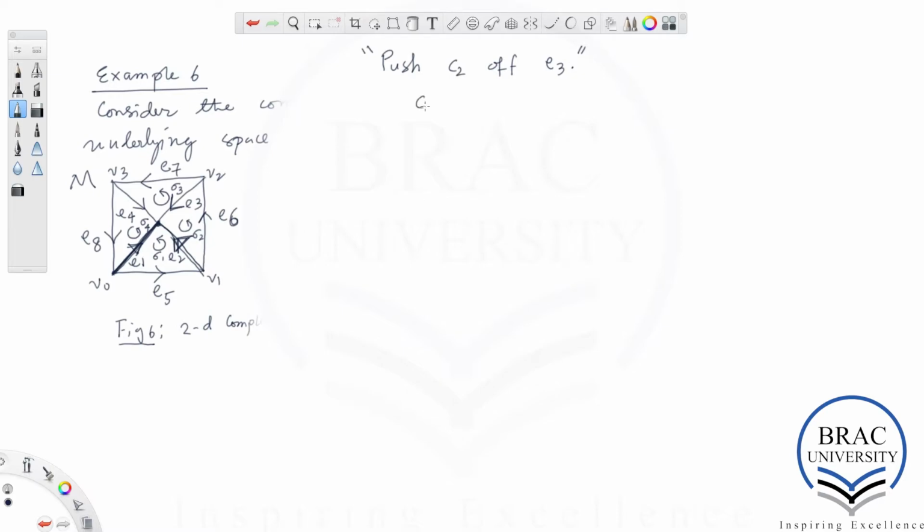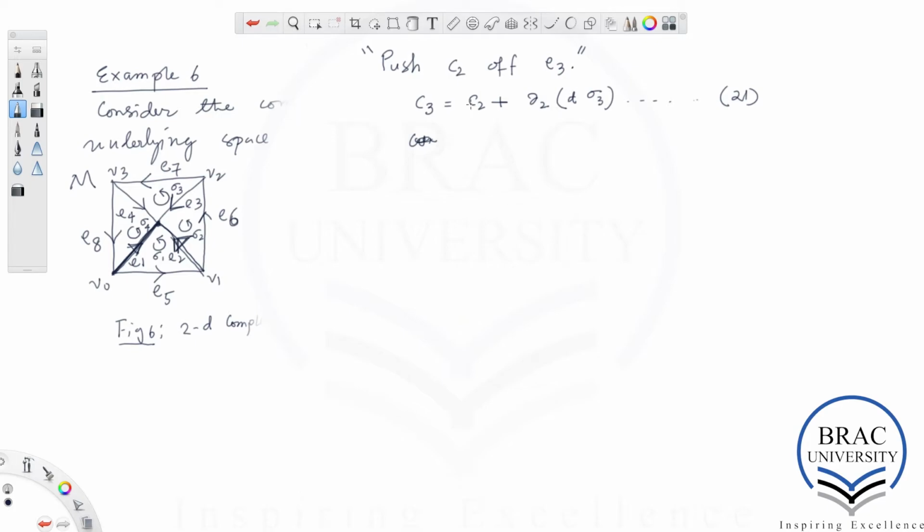Okay, so for that we modify C2 by adding the following boundary term d sigma 3, okay, which is equation number 21. Now, where did we take d from?